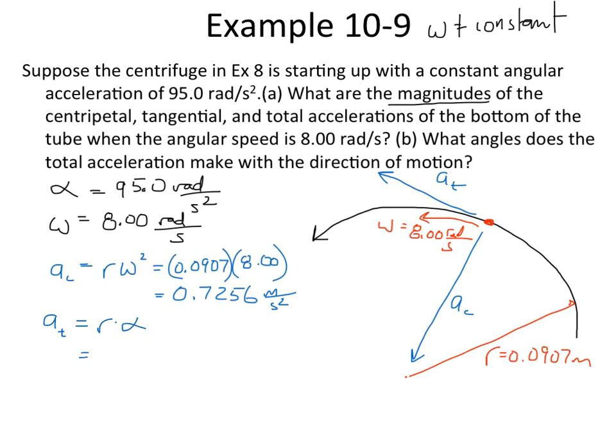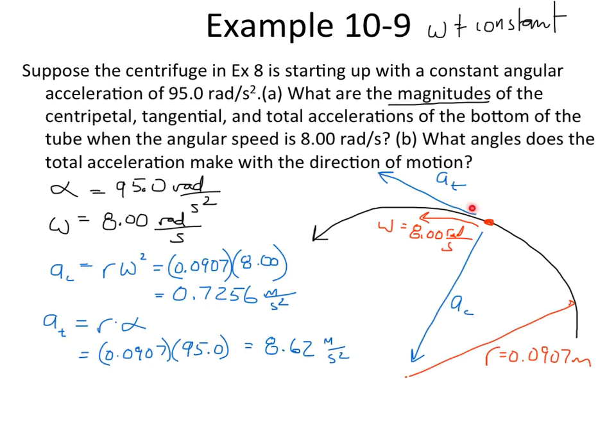We know that too: 0.0907 times this rotational acceleration, which we've been given, 95.0. That will give us our tangential acceleration, 0.0907 times 95.0. That is 8.62 meters per second squared tangentially. That's this one right here.